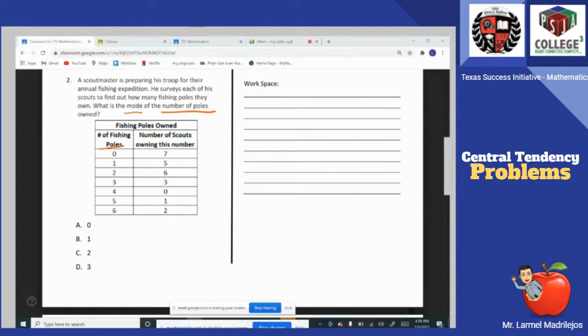This is the number of poles, from 0 to 6. Looking at the values, 0 has 7, which is the most. The number of scouts at 0 is 7. So the mode here is going to be 0.